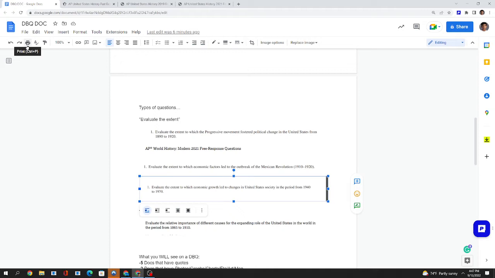And that is going backwards in time from when the prompt was. So if it's 1940, I would go back to 1930 or 1920, and I would look at one historical aspect of what the prompt is asking me. What do I mean by that? Well, if the prompt is talking about politics, I would go back a few years before the time period they've provided me and say, okay, what was it like then?